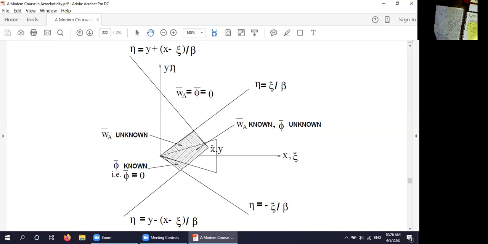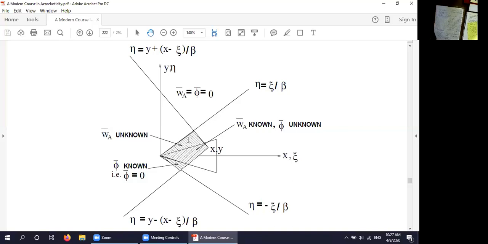But there is one difficulty in 3D flow that isn't present in 2D flow, and that's the following. On the wing, I have a boundary condition that says the downwash is known in terms of the motion of the wing. That is, I know dφ/dz at z equals 0 in terms of the motion of the wing. But off the wing, I don't know that. What I do know is that φ itself is 0.